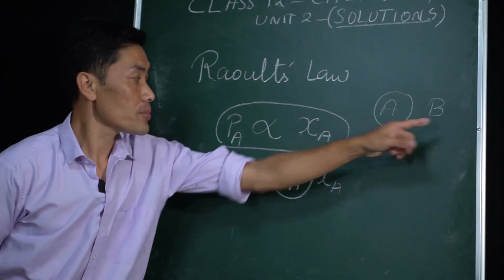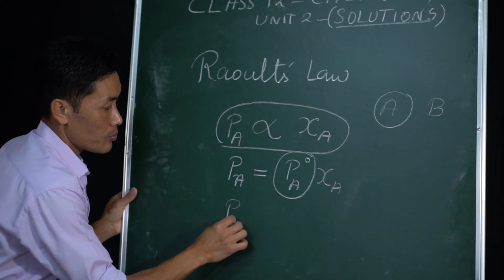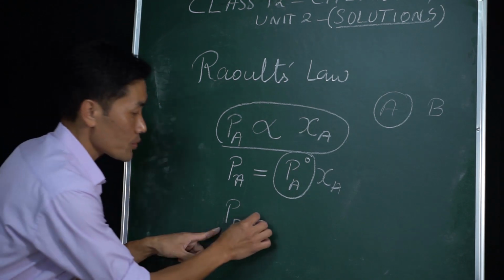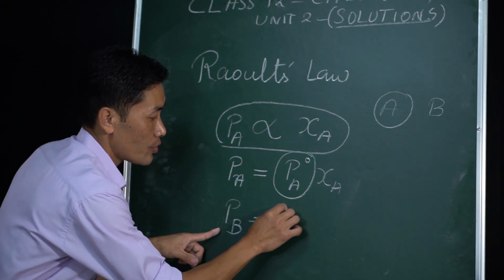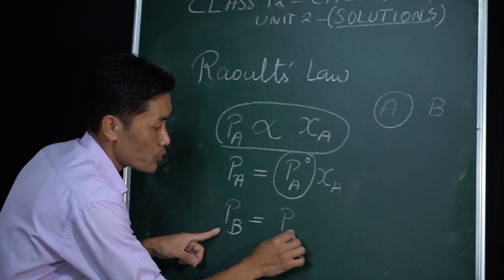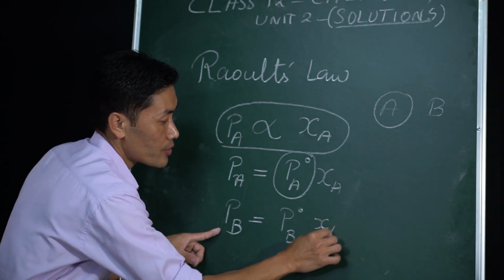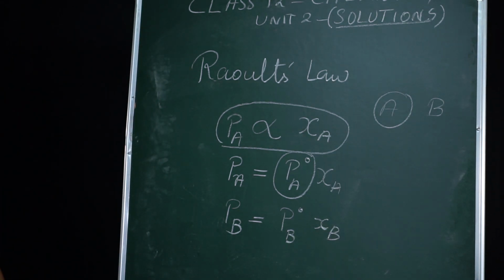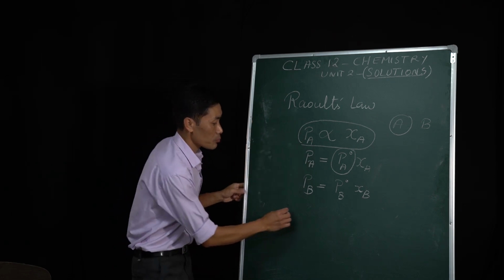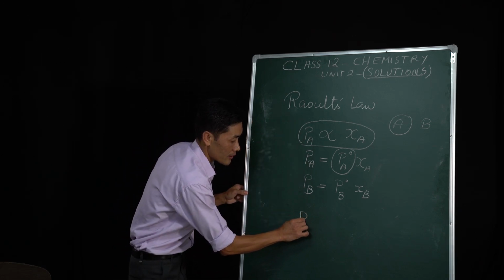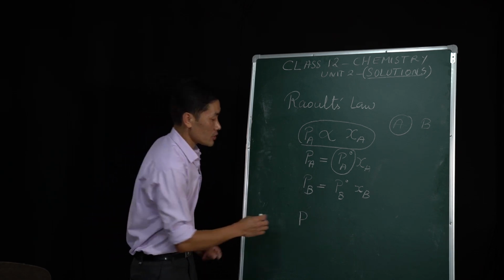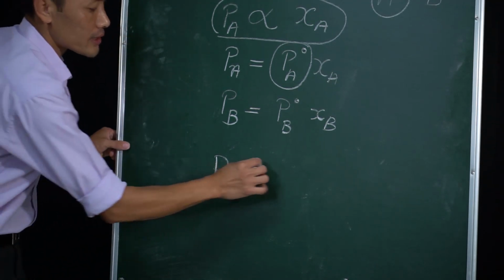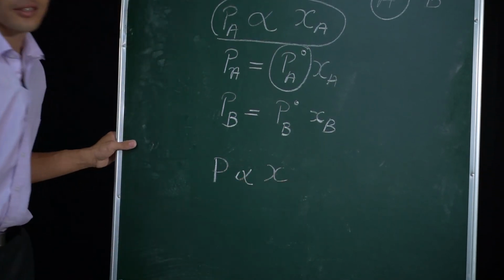Likewise, for component B also, we can write the vapor pressure of component B equal to the vapor pressure of the pure component B, PB naught, into its mole fraction XB. Now, Henry's law says the pressure of a gas dissolved in a liquid is proportional to the mole fraction of the gas in the solution.